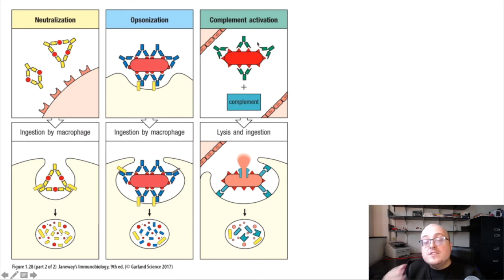One of the effector mechanisms of complement is also opsonization, and also then targeting the things that the complement system has opsonized for eating by macrophages and being broken down that way. So a lot of times, you can see here that macrophages are the cleanup crew. No matter what strategy we take to kill a pathogen, ultimately we need our macrophages and other phagocytes to come in and eat and process the debris and the wreckage of that process.